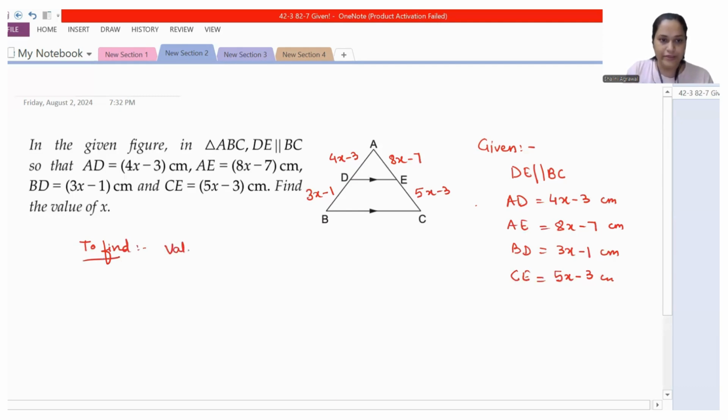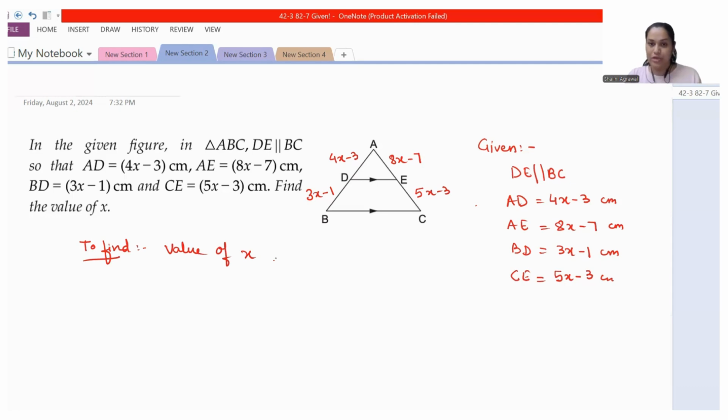So I'll write what I need to find: value of x. Okay, so as we can see that DE is parallel to BC, then according to the basic proportionality theorem, AD upon DB is equal to AE upon EC. So basically when DE is parallel to BC, it divides the other two sides in equal ratio.